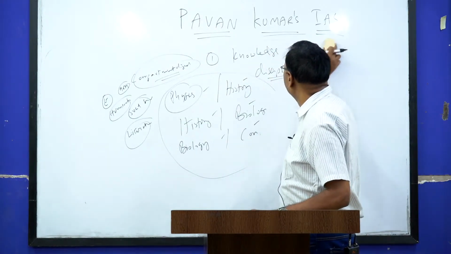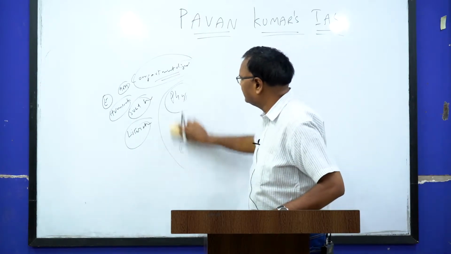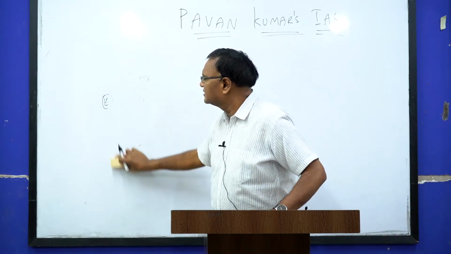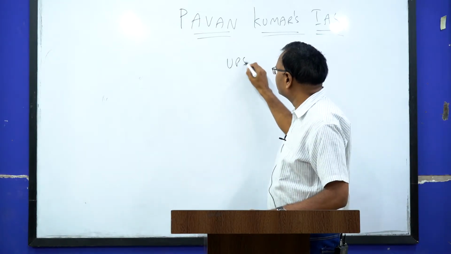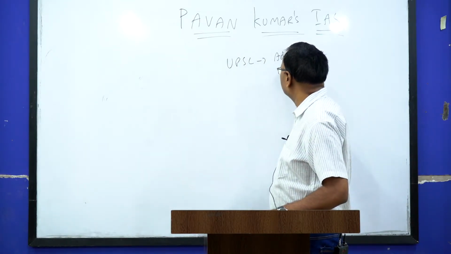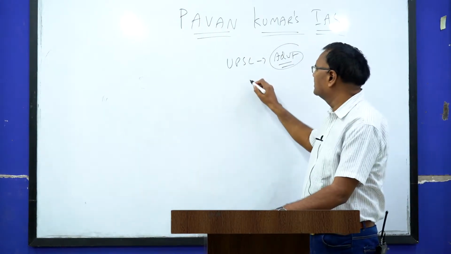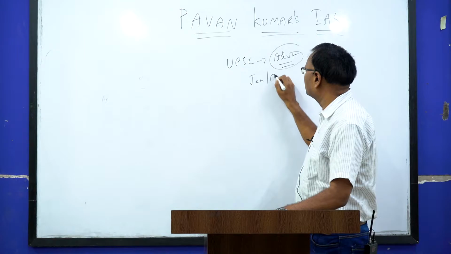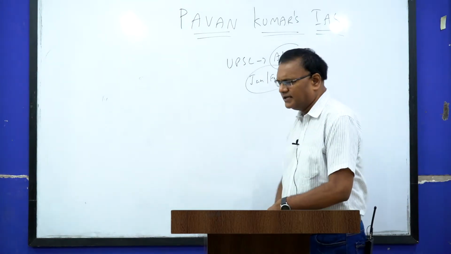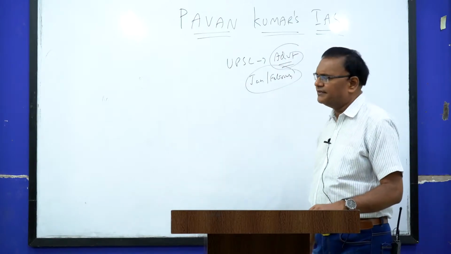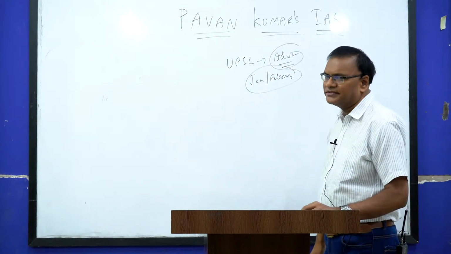So what is the process involved here? UPSC normally comes out with advertisement for all these positions in the month of January or February. Then you have to apply. Nowadays it is mostly completely online only. They will scrutinize the applications.